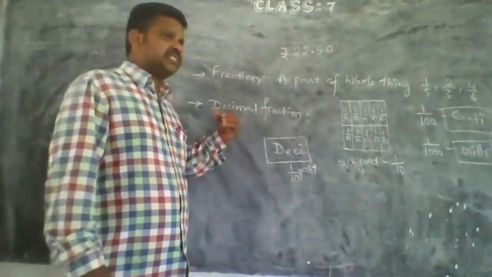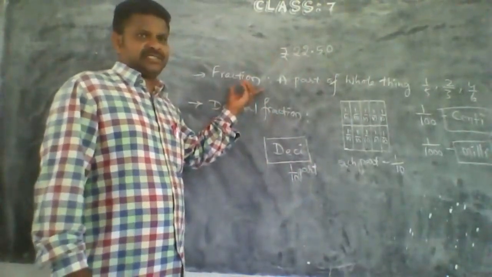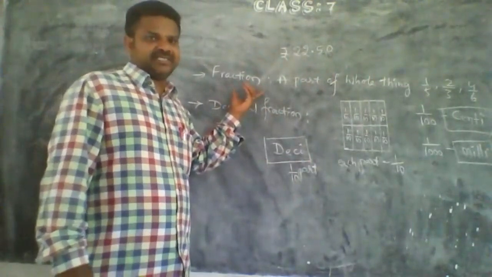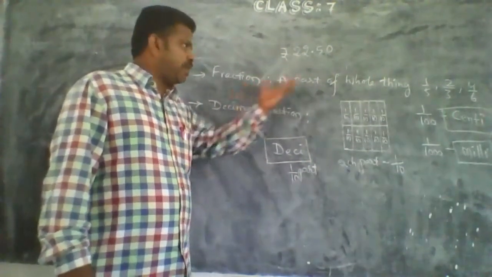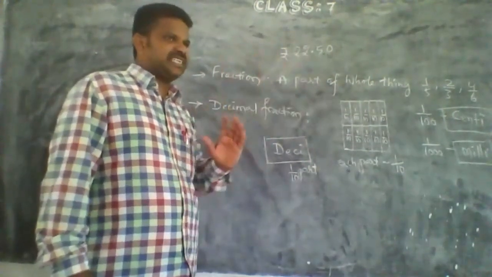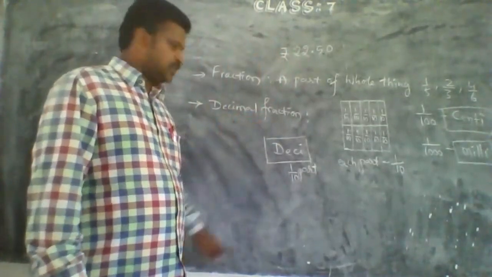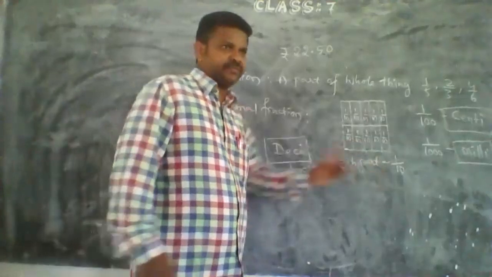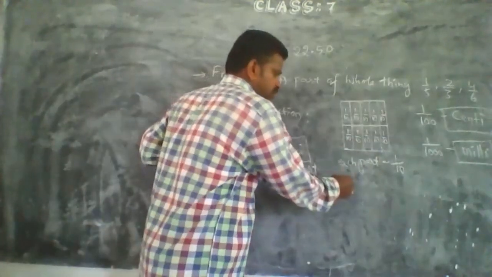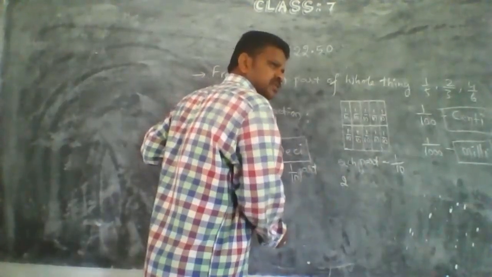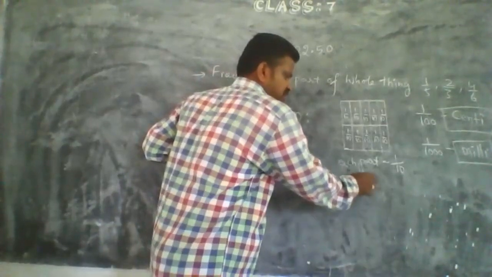So why do we learn all these things? First, we are talking about fractions, about the whole thing, different kinds of fractions. But what about the decimal fraction? One part is said to be 1/10, but two parts together represent two parts.